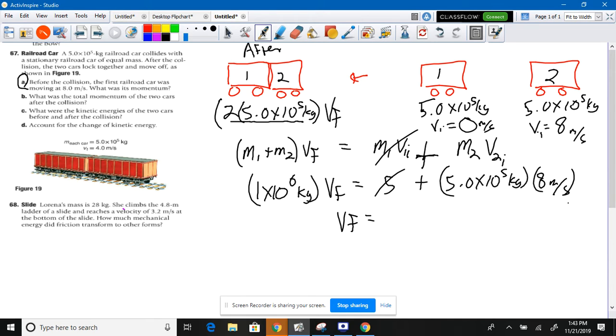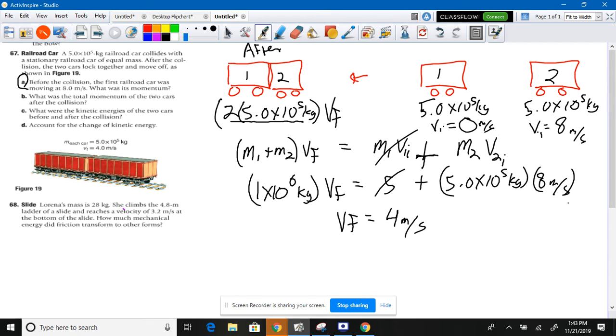Use parentheses. What do you get? What do you guys get? 4? Everybody concur? 4 meters per second it is.